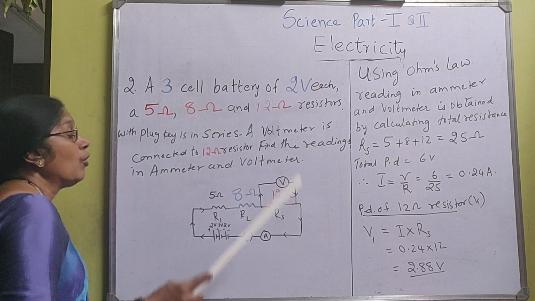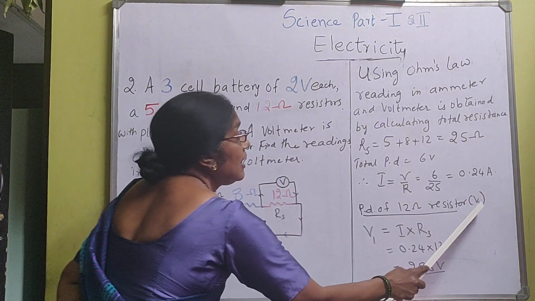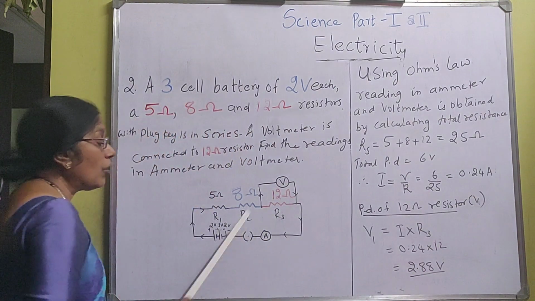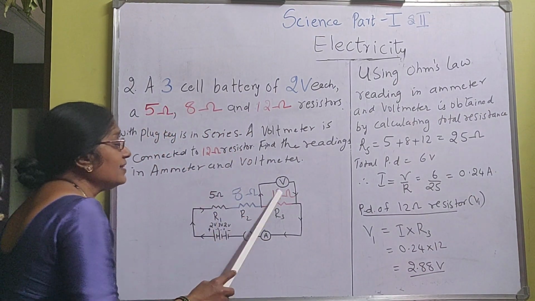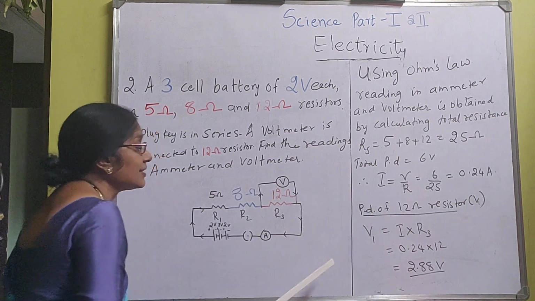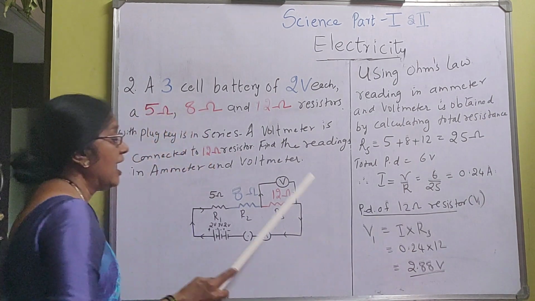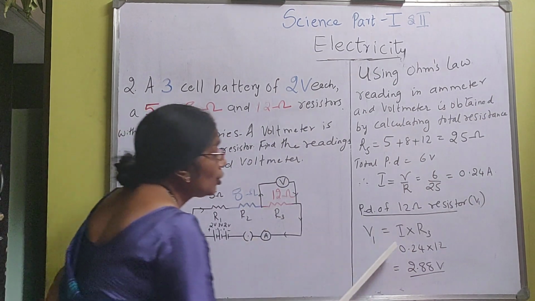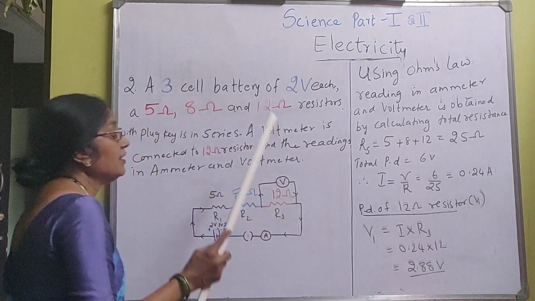Now we have to find out the potential difference of the 12 ohm resistor, let us name it V1. According to Ohm's law, the product of current and resistance will give you the potential difference in that particular resistance. So we know the current flowing is 0.24 and the resistance is 12. So 0.24 into 12 is equal to 2.88 volt.